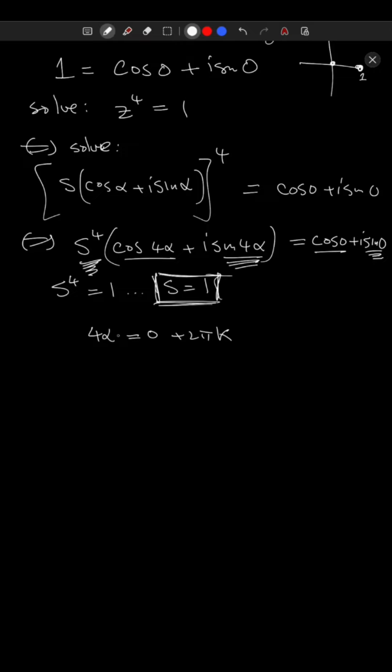So alpha is going to be equal to 0 plus 2 pi k. And again, if we just plug it into the sine 4 alpha, sine of 2 pi k is actually equal to 0. So this is just simplifying to 2 pi k. And so, of course, alpha is equal to 2 pi k over 4.